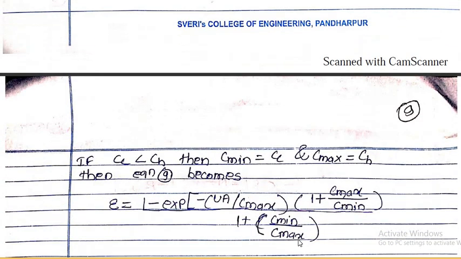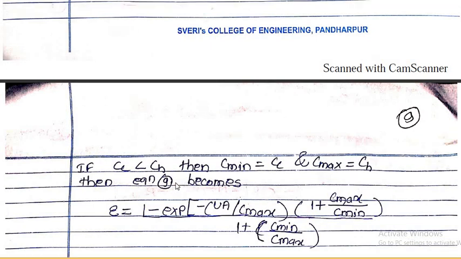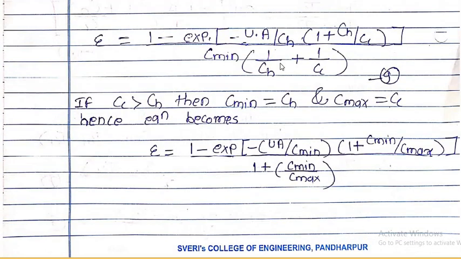Now the next consideration, if you consider that Cc is less than Ch, then C minimum is equal to Cc and C max is equal to Ch, okay. Then in our equation 9, here we have considered that Ch is C max and Cc is C minimum, okay.